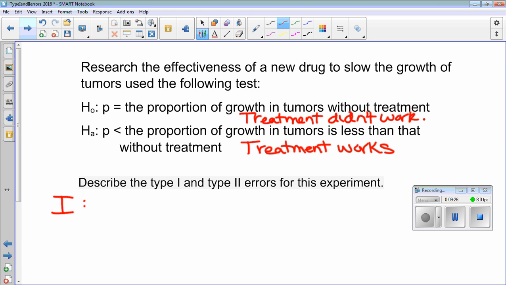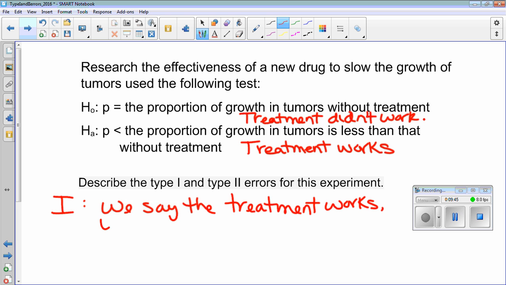So what do we say? So we say the treatment works. Our decision that we made, our conclusion that we drew, we say the treatment works when in fact it doesn't.